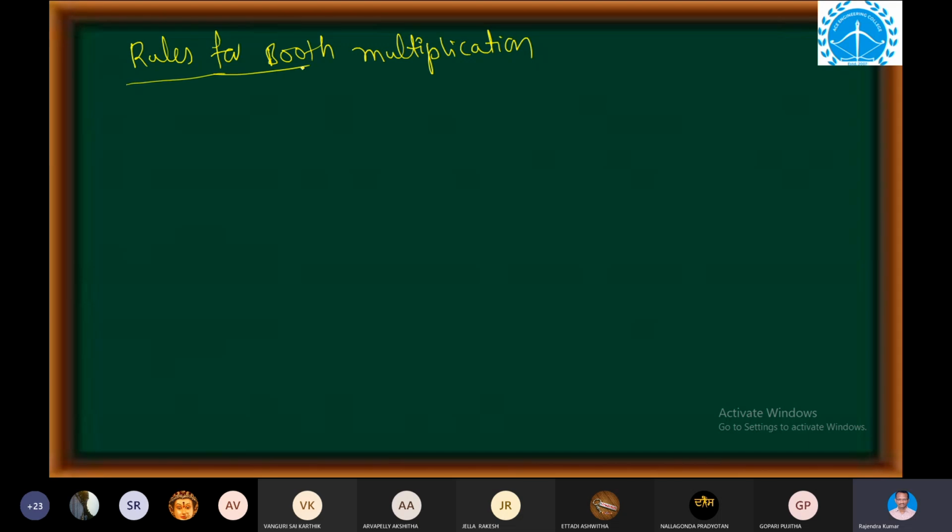Okay. So rules for booth multiplication. We have some rules for booth multiplication.